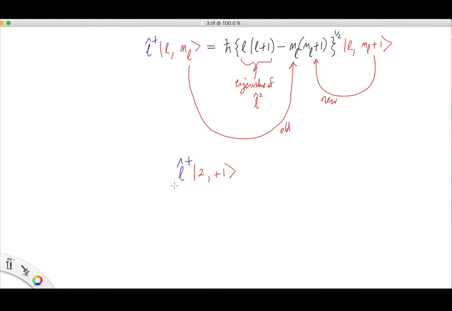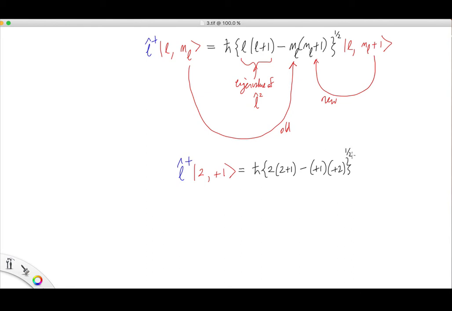So let's see some examples. If we apply L plus to the state ket 2, so the L equals 2 state with ml is plus 1, and we just plug in those numbers, we have 2 times 2 plus 1 minus the quantum number ml, which in this case is plus 1, multiplied by the quantum number raised by 1, because we're looking at the raising operator, so that would be plus 2.